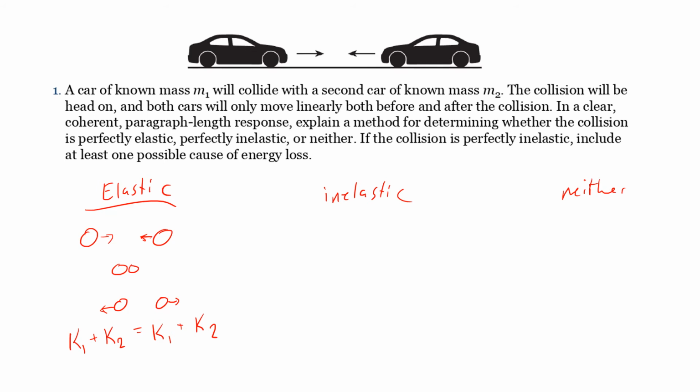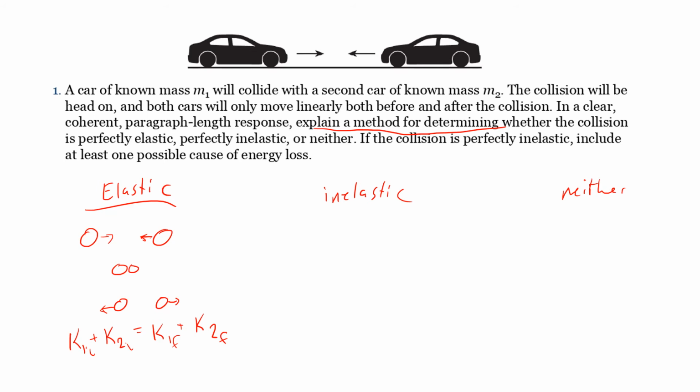So we'll call this KE1I, KE2I, KE1F, KE2F, right? And then if you do that and it works, then it's elastic. So that's what you do. So you want to explain a method for determining the collision. If you're doing elastic, because they bounce off each other like this, the kinetic energy is constant, this is how you'd approach it.